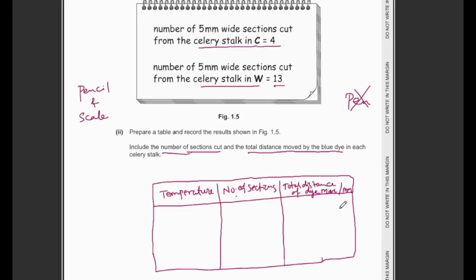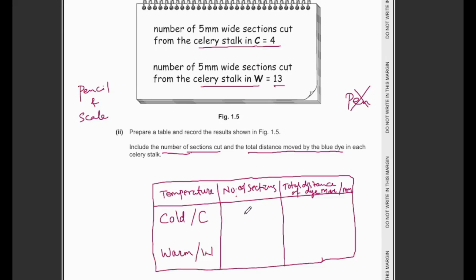So we mention the unit here. Now, as the temperature is not mentioned for the water bath, we will not include it. But what is there in this one? They mentioned cold, or C, or you can mention warm or W, both are fine.